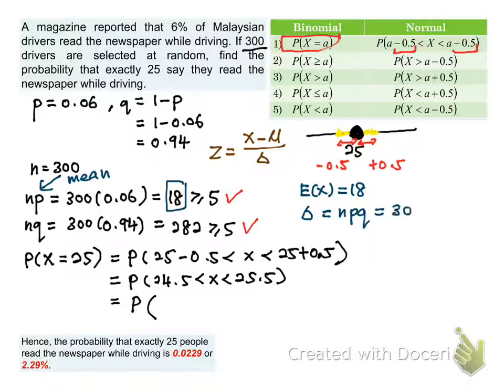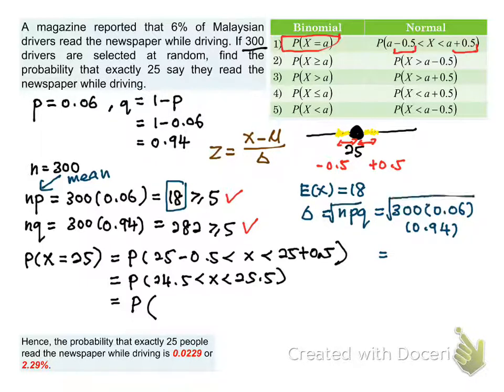Our standard deviation is based on npq, so you need to calculate it. Our p is 0.606 and multiply with 0.94. You will get 4 point something. Sorry, this is the variance, because after that we need to square root it.